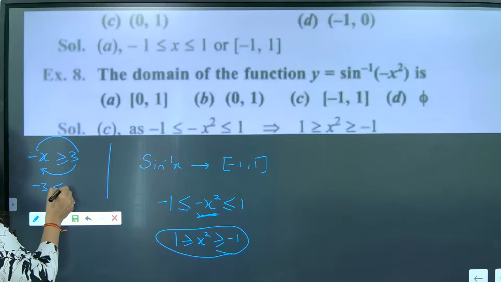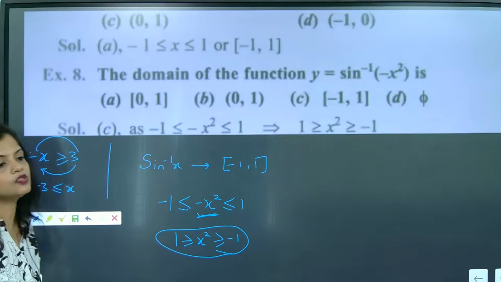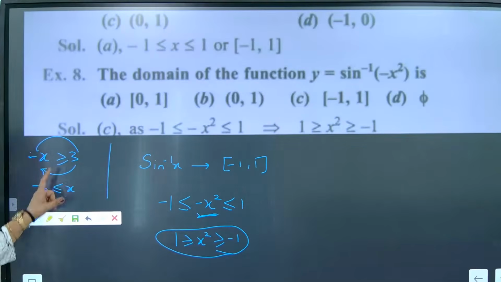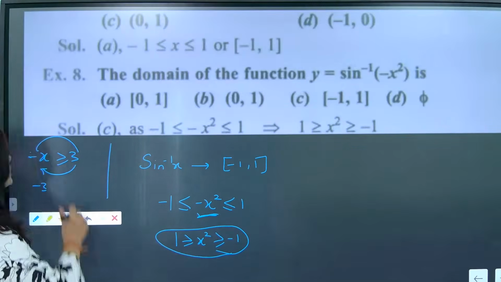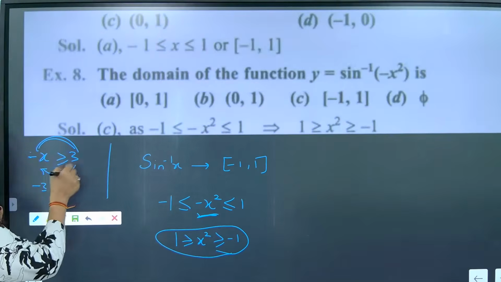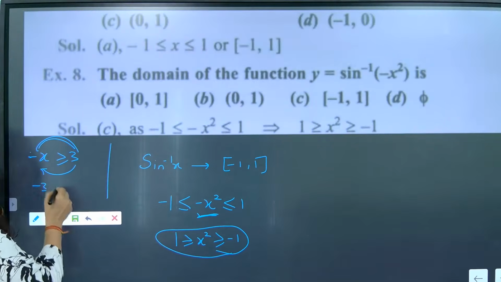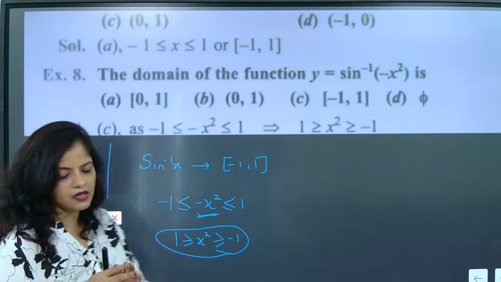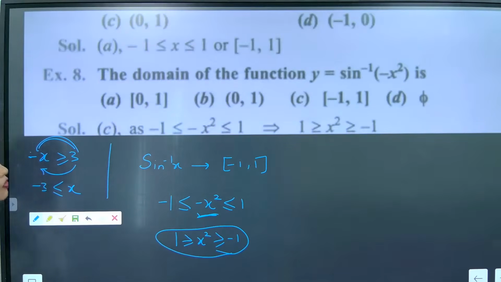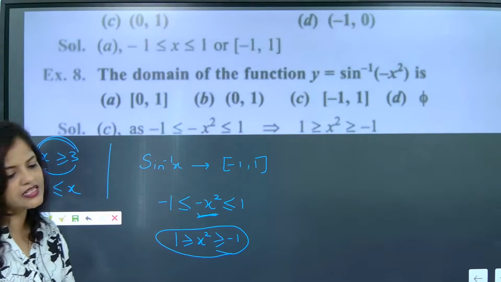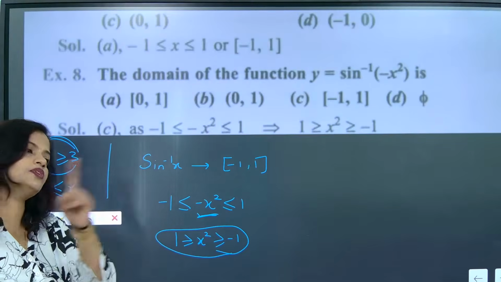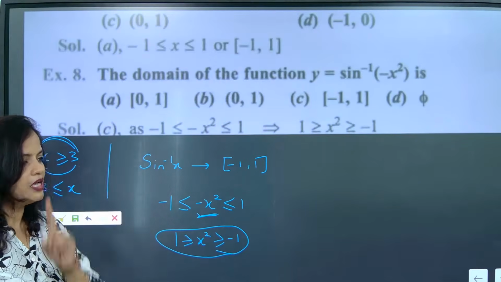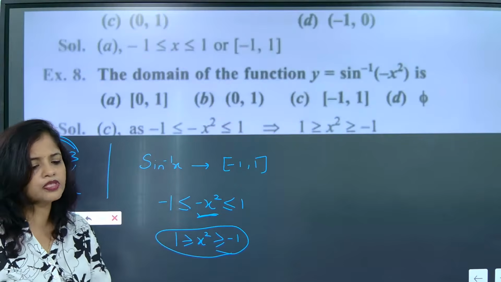That means minus x becomes x. First minus x was greater, now x will become lesser. Understood? That's the major rule: whenever the variable is negative, the variable will be shifting. That's the most important thing.